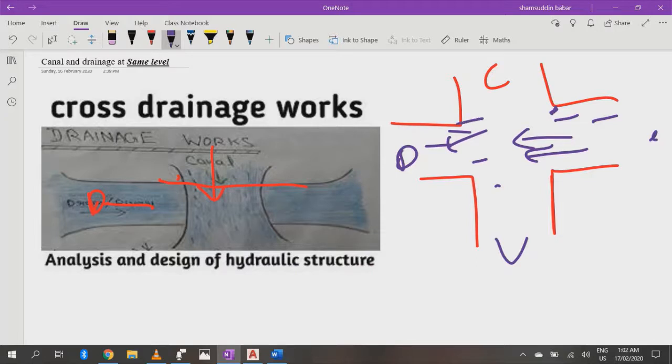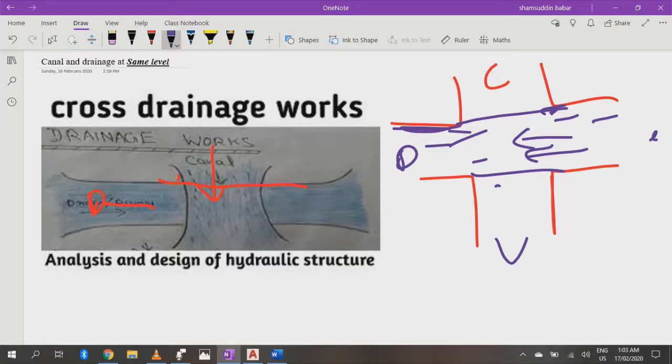This canal will be kept closed using its 2 regulators, and this will be opened. Now for example, it was in this direction, now it is opened. So this is opened and the drainage goes on in its flow.